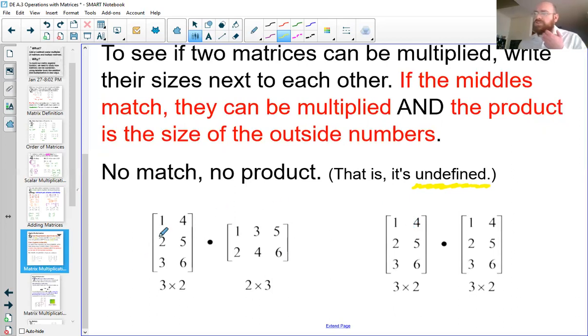So if we look at this first example, we have a 3 by 2 matrix and a 2 by 3 matrix. Regardless of the numbers inside, we can see that the middle numbers match. So that works. And our product is going to be a 3 by 3 matrix.